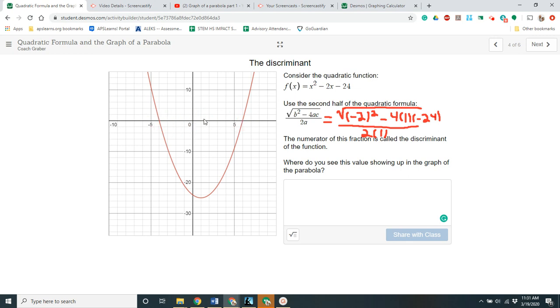It's the distance in both directions from the vertex to the roots, here and here. So 5 is the distance from the x value of the vertex to the x values of the roots.